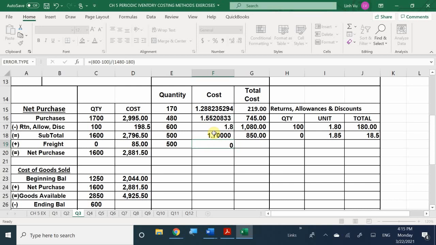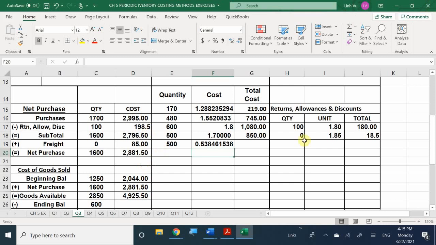And I'm going to get a new cost per item of, okay, that is wrong. That's not right. So let's do that calculation one more time. So we're looking at 700 divided by, I can't do the math. 1480 minus 180.